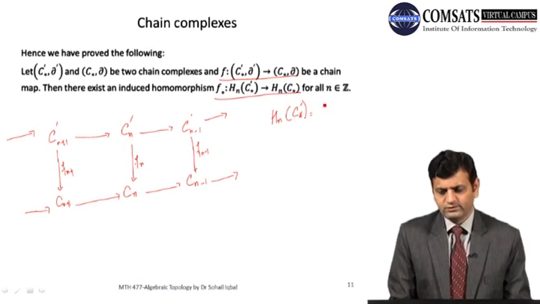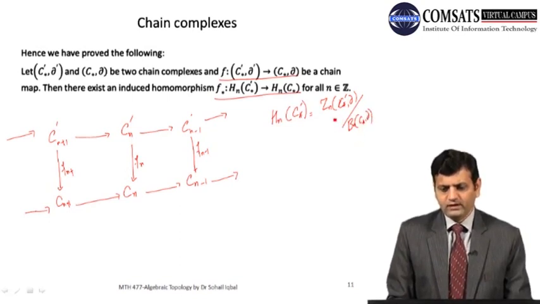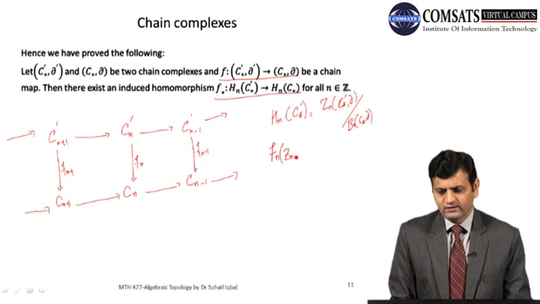This is basically equal to Zn c star prime with the boundary maps partial, modulo Bn c star prime with the boundary maps partial. Okay, now when I apply fn on these Zn of c star prime, then this is contained inside Zn of c star.